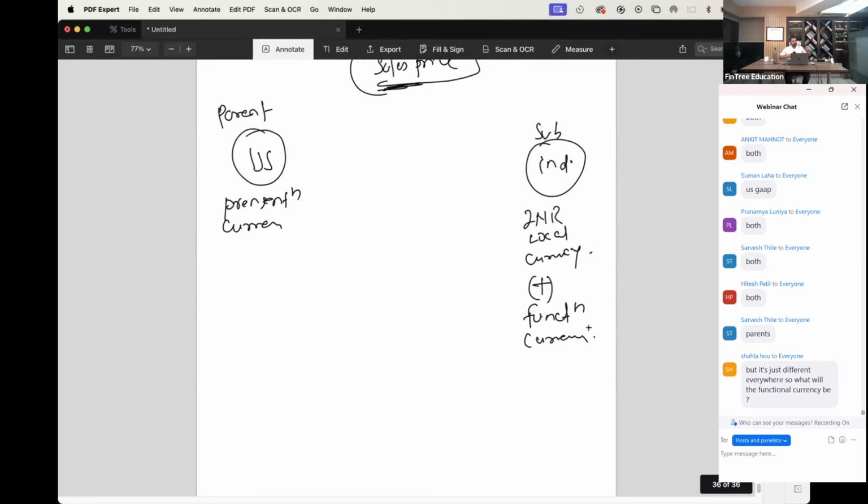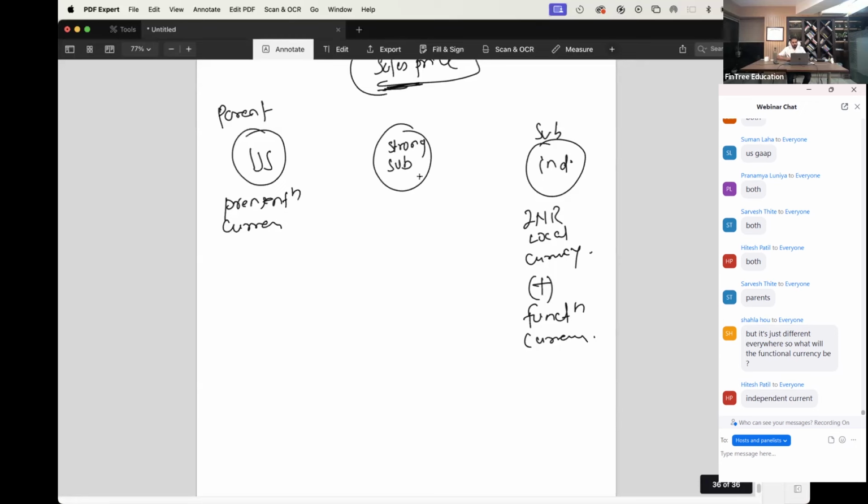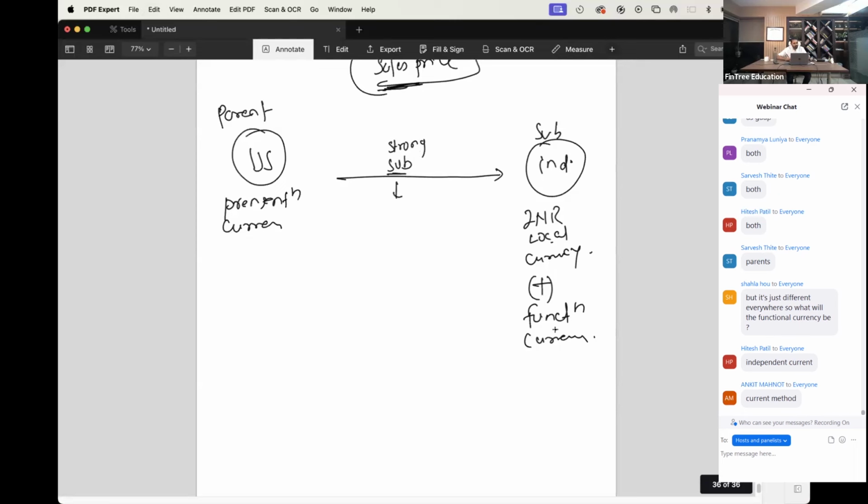Is that possible? That the local currency of the subsidiary is the same as the functional currency. If this is the case, I'm using my own language here, it's kind of an autonomous subsidiary, or let's call it a strong subsidiary. They are taking decisions all by themselves. If local currency is the same as functional currency, you're translating functional currency to presentation currency. Then the method that we use in this situation is the current method.